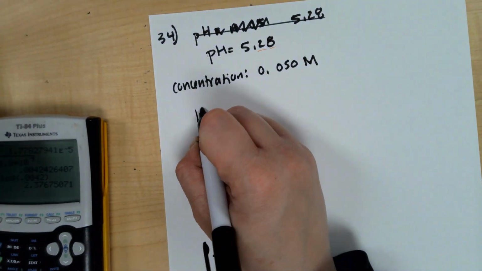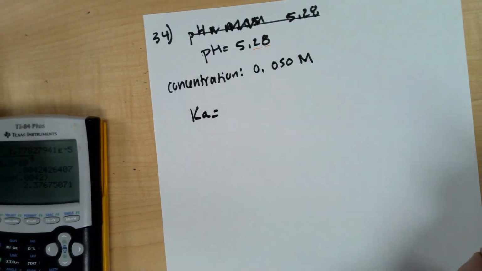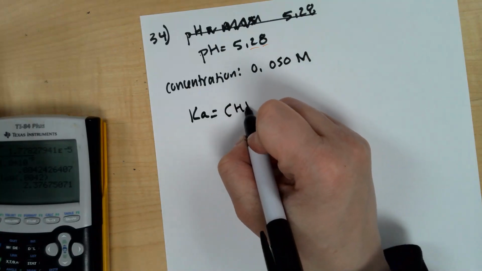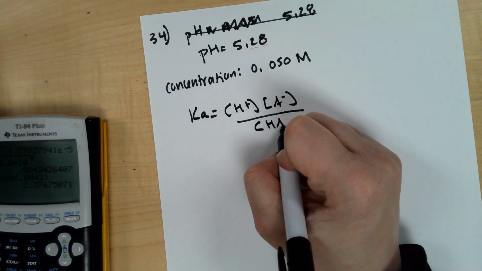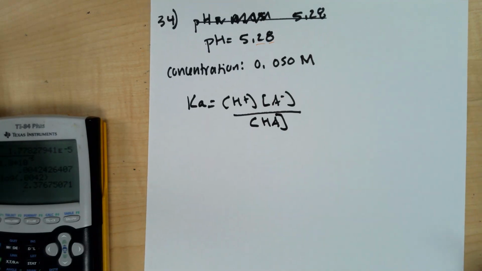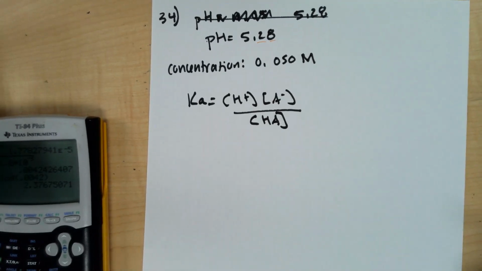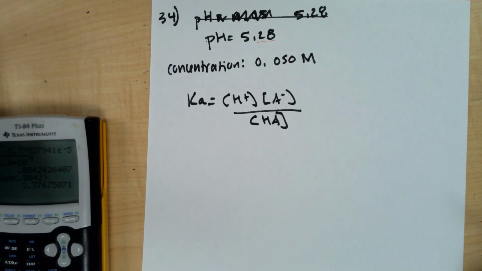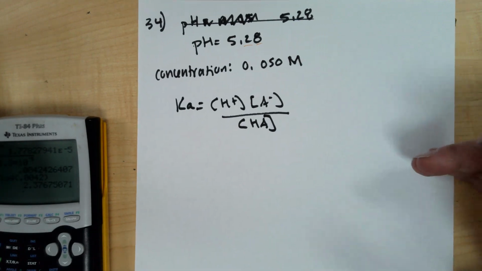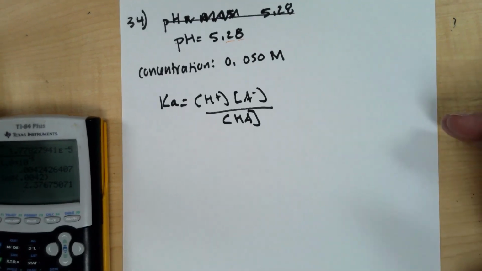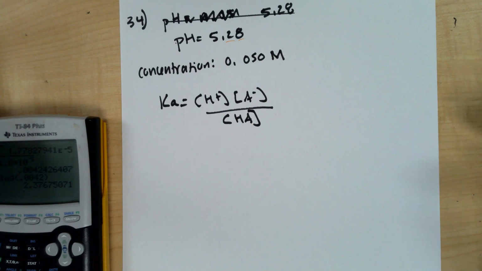Okay, so it wants us to find Ka. It's not giving us Ka this time, because we know that our Ka is going to be the H plus concentration times the A minus concentration over the HA concentration. You guys should know the boric acid formula because it's an oxy acid. That's hydrogen plus borate, so it'll be HBO3. You can do the HBO3 plus H2O, dissolving into the borate ion and the H plus, and do the big ICE table for it.